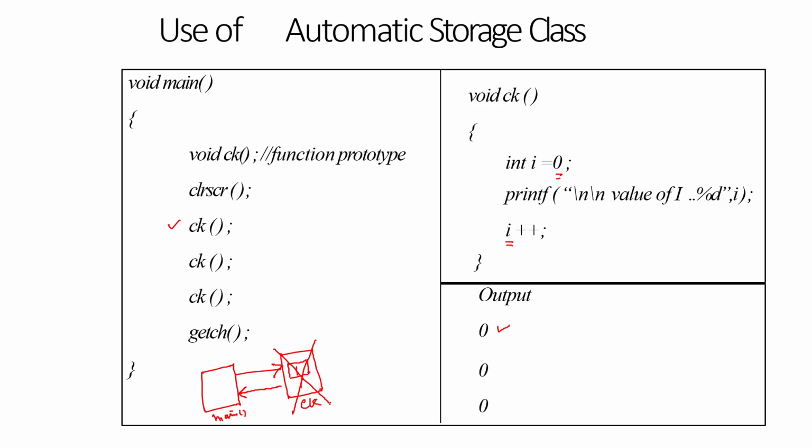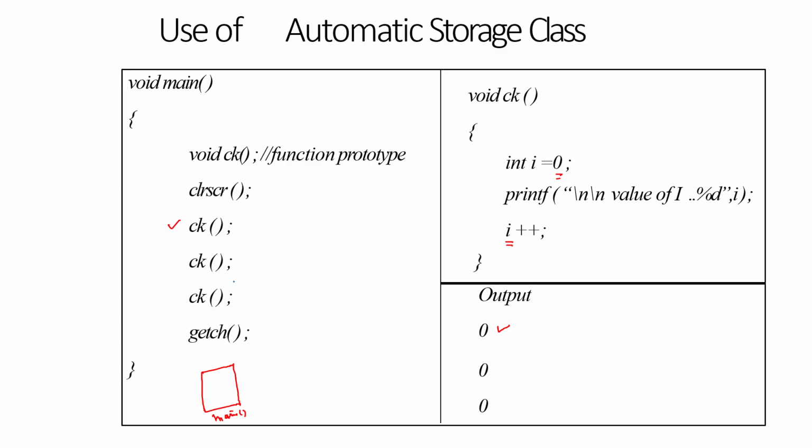If the memory for the function is deallocated, naturally there will be no existence for the memory of the variable I. Right? So whatever update we have seen in variable I will get lost. Totally lost. So it will become free. Nothing is there. Like this. And then what will happen?